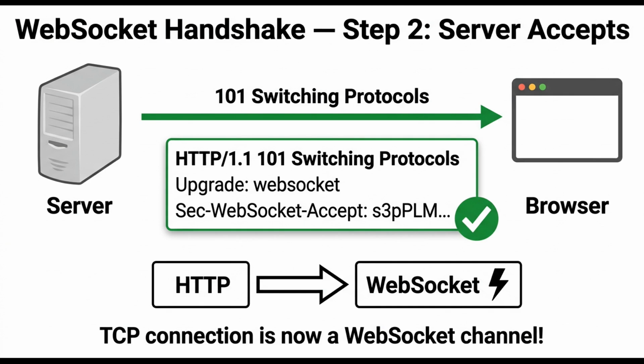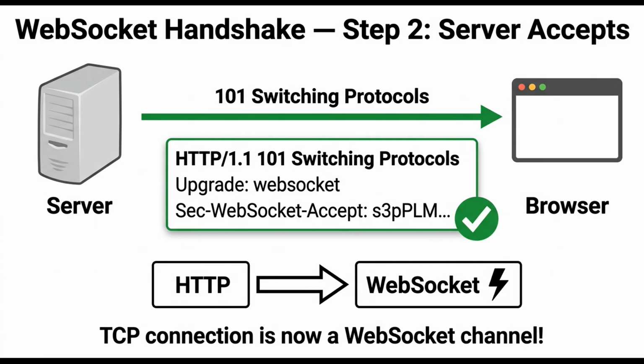This is basically the server saying, "Yup, got your knock. I understand WebSocket, and here's proof. Let's switch." Once the server sends back that 101 response, the HTTP handshake is complete. From this point forward, the TCP connection that was used for HTTP is now repurposed as a WebSocket connection. HTTP is done. WebSocket takes over.